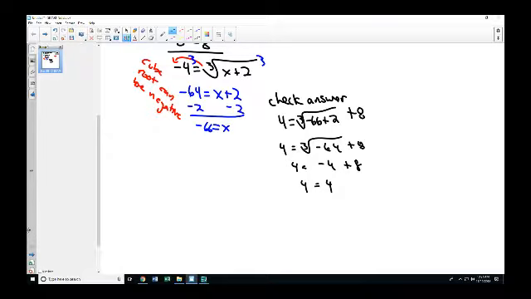Are we good there? Yes. So if you get those, hopefully it's got a single root in it, you isolate that and solve. You will run into problems with a couple of roots in it.